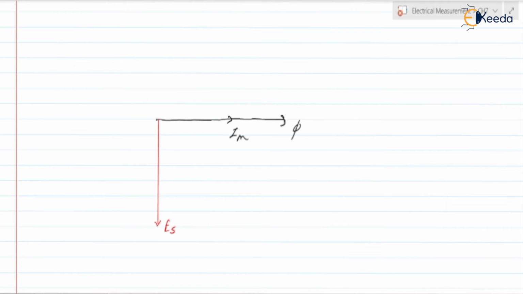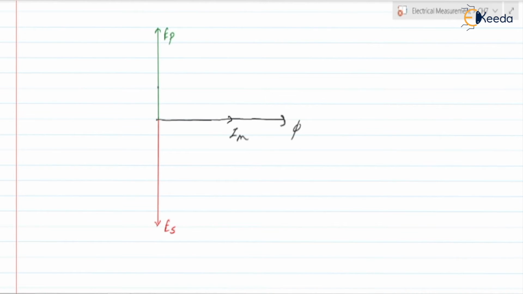Next, the primary winding induced voltage will be totally out of phase, in phase opposition according to Lenz's law. So this will be Ep. Next, when the transformer is at no load, it draws two currents.